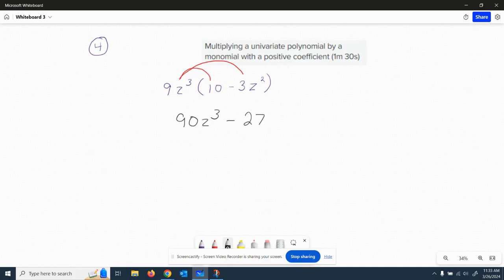Z cubed times z squared. We add the exponents. 2 and 3 gives us 5. And we end up with z to the 5th. Again, I can't stress enough, if that's a little bit confusing, watch it over.